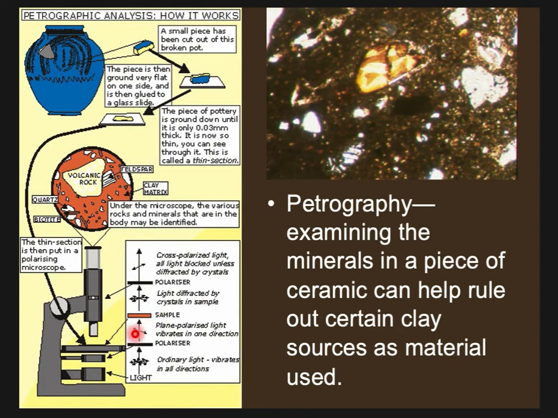But under polarizing light, they would show up as blues and purples and pinks, and distinctive colors that would allow you to identify them as one kind of mineral or another. You would look at the proportion of different kinds of minerals and be able to say, yes, the clay in the pot is almost identical to clay from a local source.